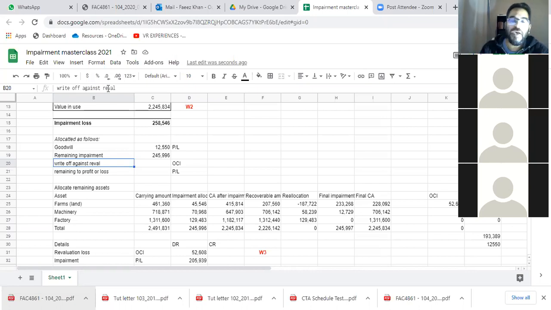What you must know is that you can only write off against the OCI related to land. So you need to ask yourself, what was the impairment against land? That's very important. Because the impairment against land was 200,000, that means you can take off against OCI. So it's specific relative to each asset. Just be very, very aware of that.